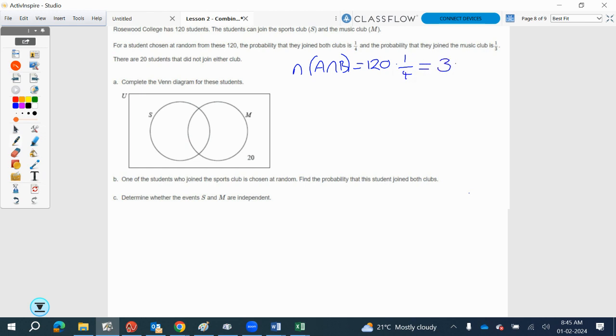Is that 30? No, 33. That's 30. How are you getting 33? It's 30. So that's this bit, isn't it? A intersection B is 30. So the probability that they join the music club is a third. This is the number of elements in the music club, M.